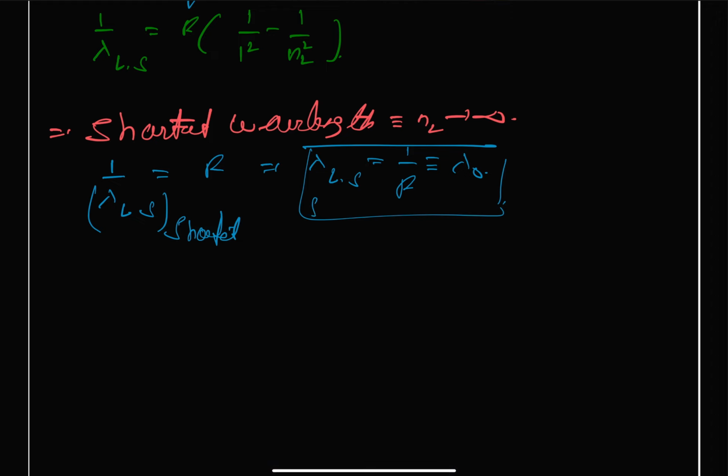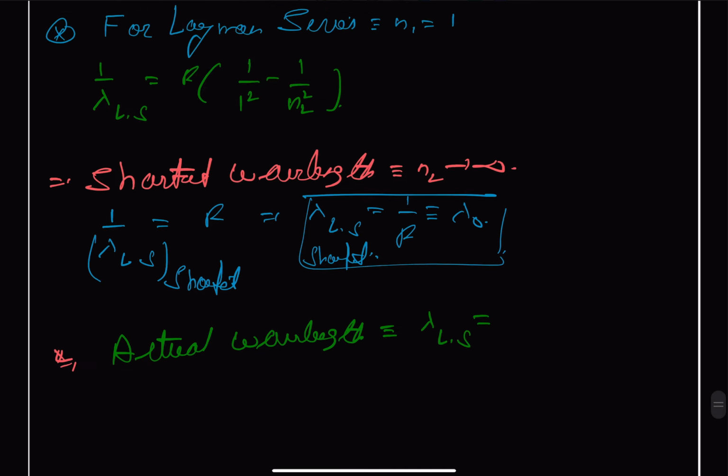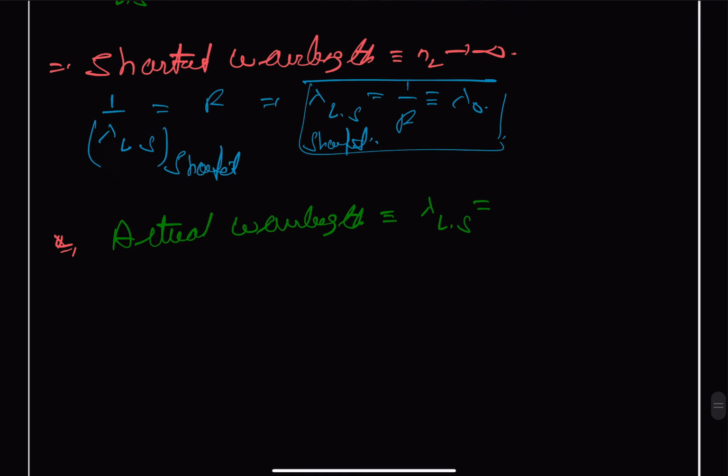But for the actual wavelength, lambda LS, we can just take the LCM, and this will be coming as 1 upon R times 1 minus 1 upon n2 square, and 1 upon R is nothing but equal to lambda naught.